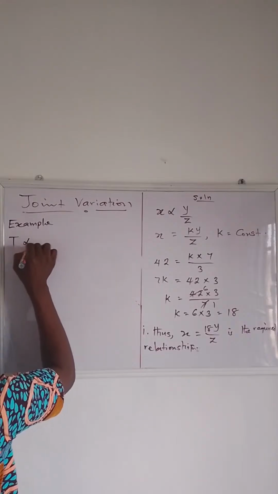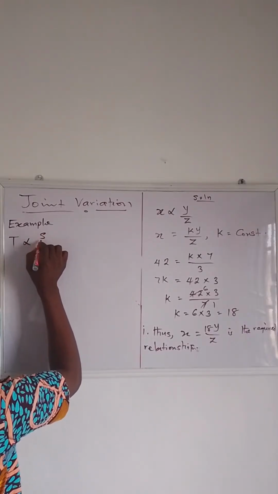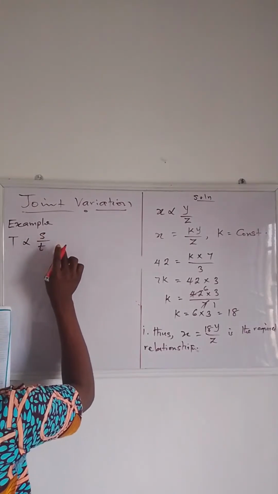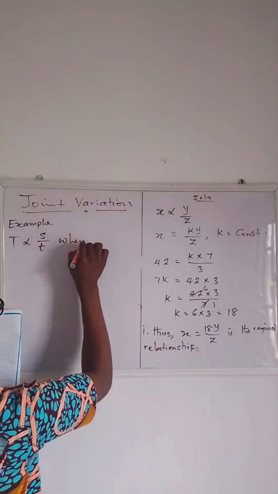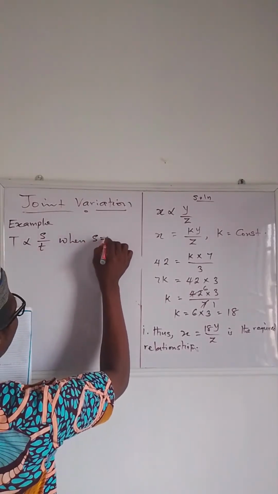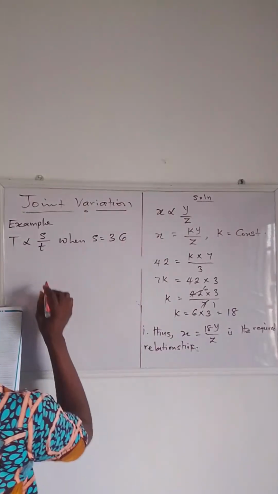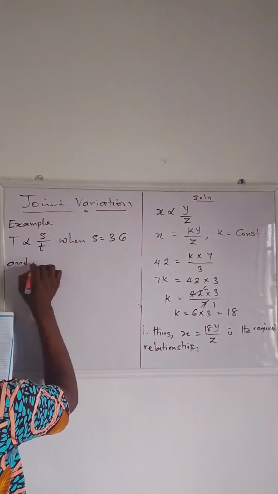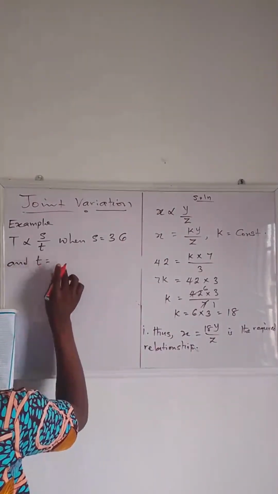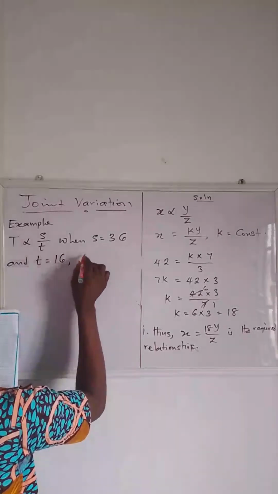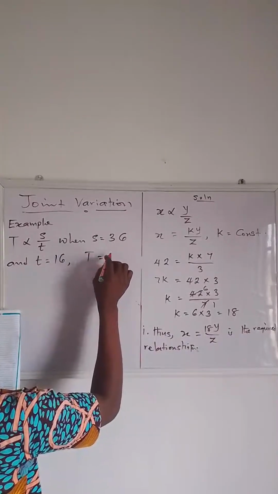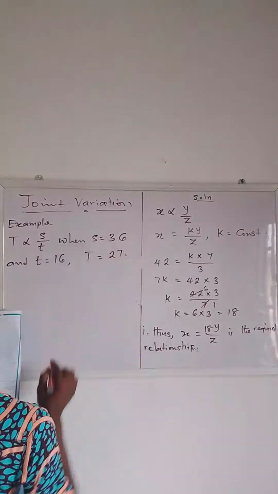Now, capital T varies directly as S and inversely as small t. So when S is 36 and t is 16, capital letter T equals 27.